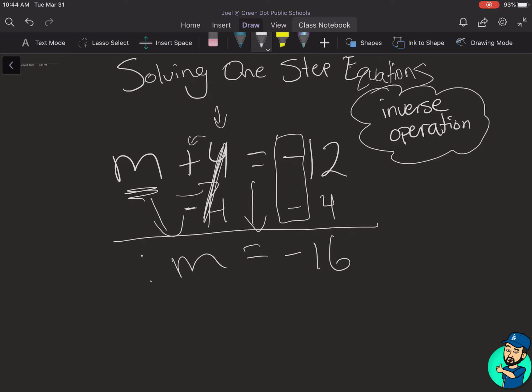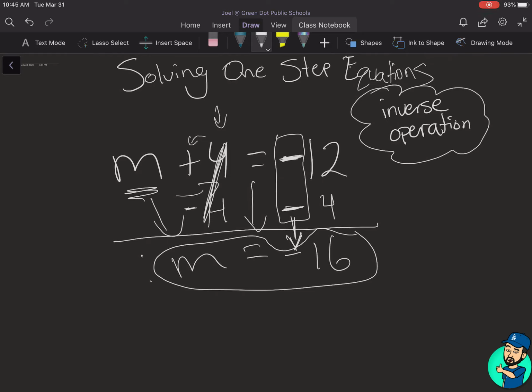Again, if you have the same signs, for example, here both of these numbers are negative. They both have a negative sign in front of them. Same signs, you add the numbers. 12 plus 4 is 16. But you keep the sign. So you keep that negative. So now my answer is negative 16.